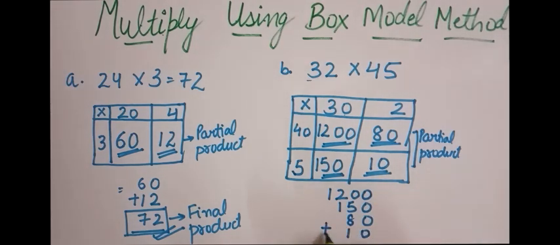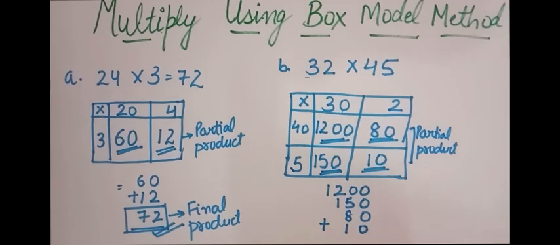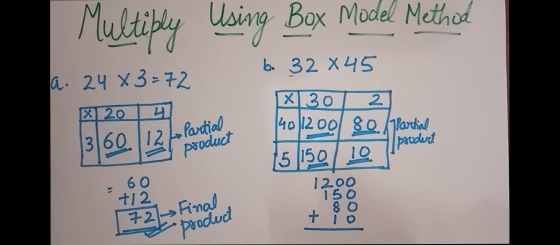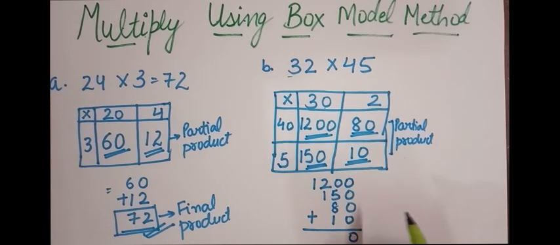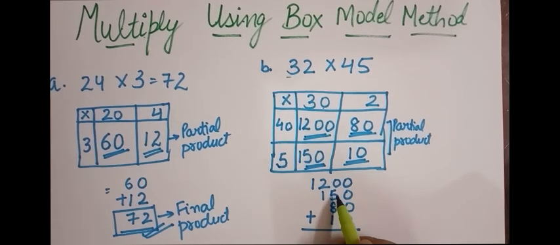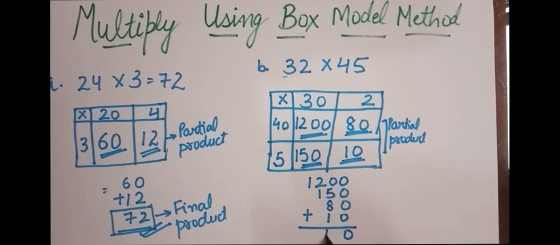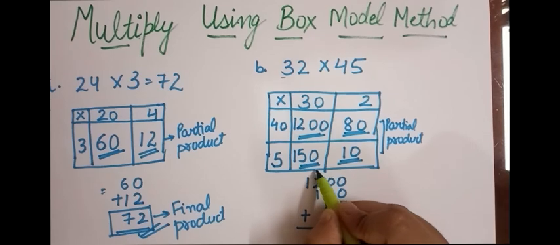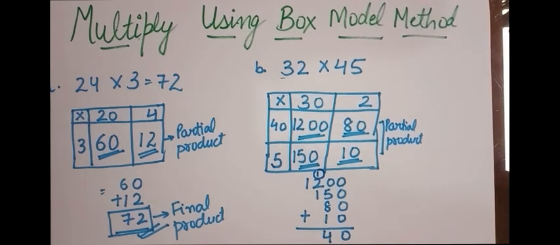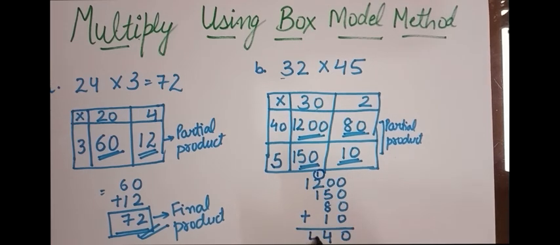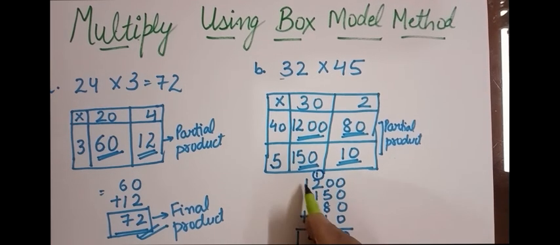While adding, this is 0, then 8 plus 5 plus 4 becomes 14. So 4 here and 1 here as carry. Now 2 plus 1 is 3, plus 1 becomes 4, and 1 here.